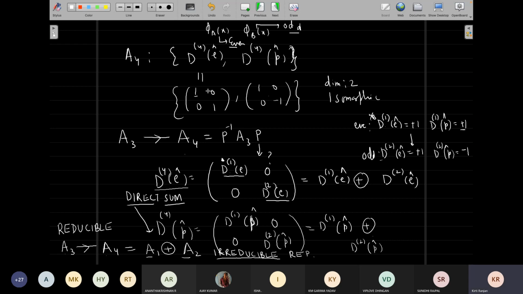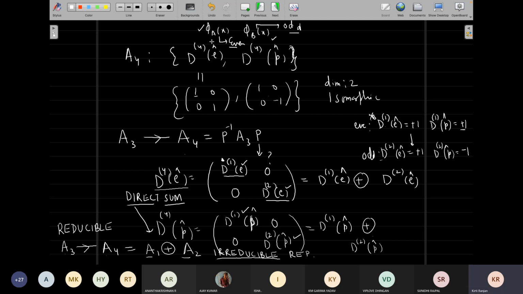The first element in both cases corresponds to the phi_A portion, which is our even function. So in both cases it was D1(E) and D1(P). The second one, again on the diagonal, is the odd function, so the odd function will have D2(E) and D2(P) on the second diagonal.